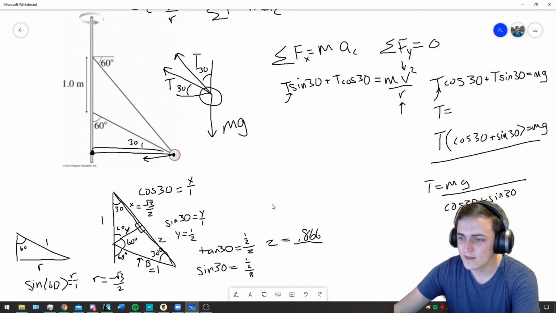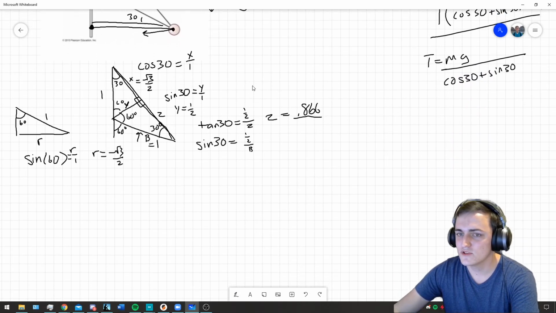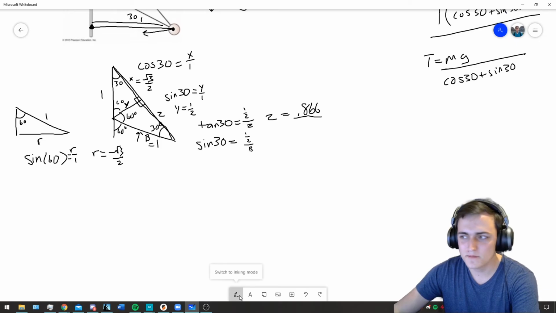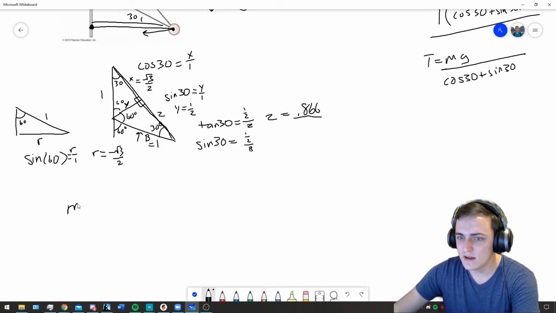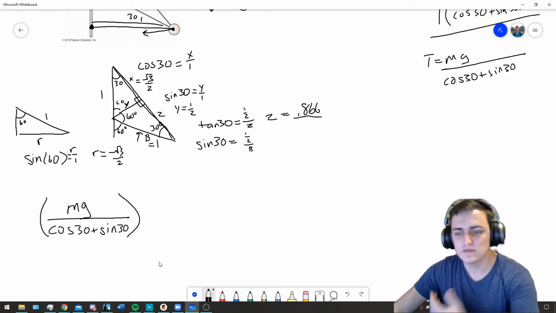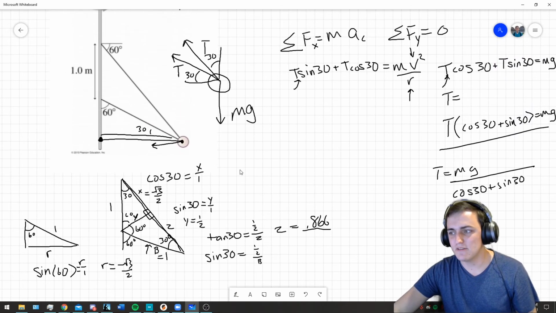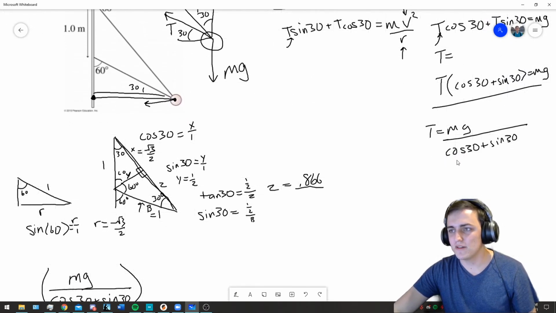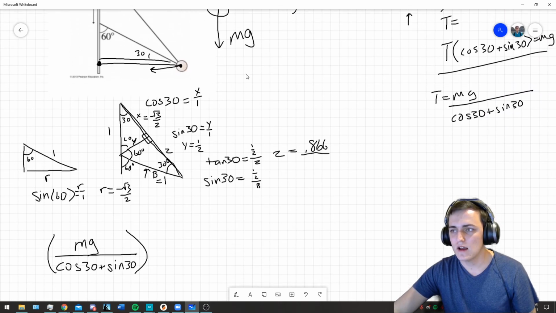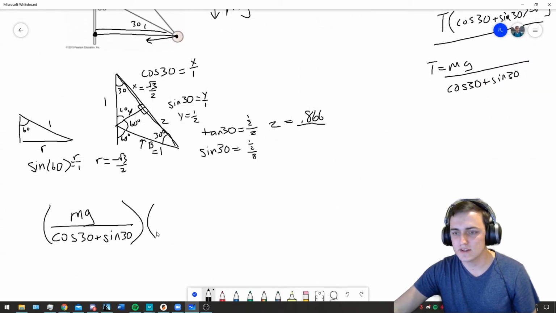And now we can take that tension, plug it into this expression up here. And let's just move a little ways down. We get mg over cosine 30 plus sine 30. And remember, this can actually be solved for as a number too. We know what mass and gravity are. So we don't have to keep writing the whole expression each time. I will continue to just for convenience.